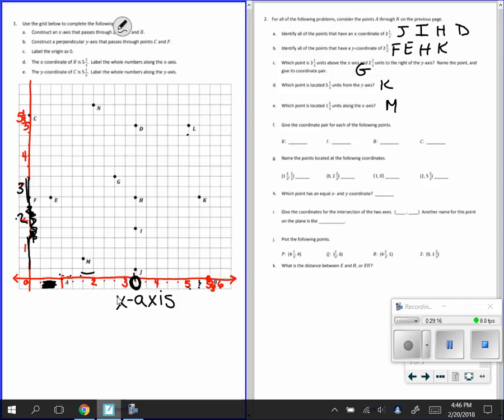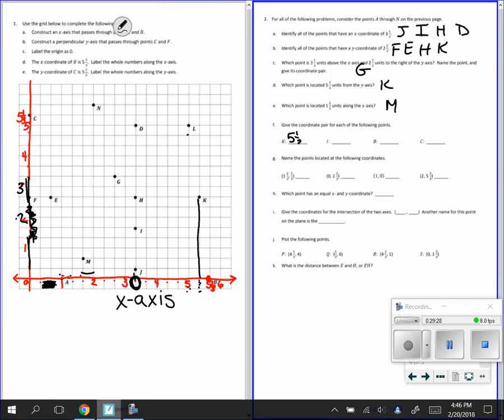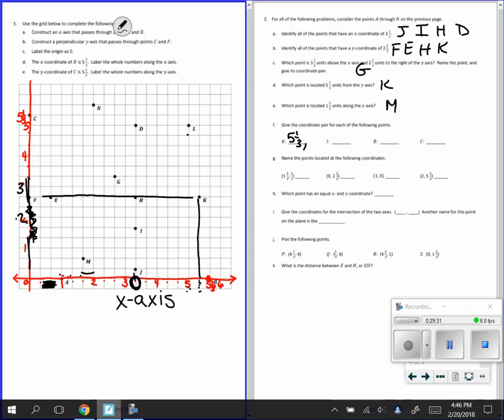Okay, now these should be really easy. So K, if you look for K, that's 5 1/3 and 2 2/3.